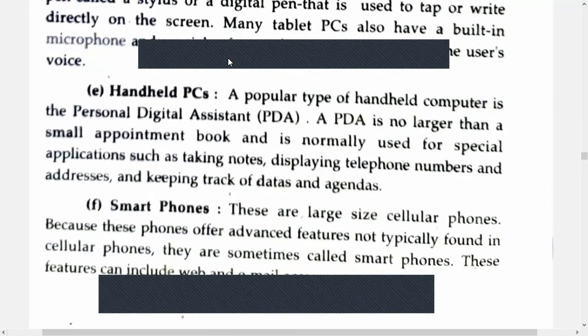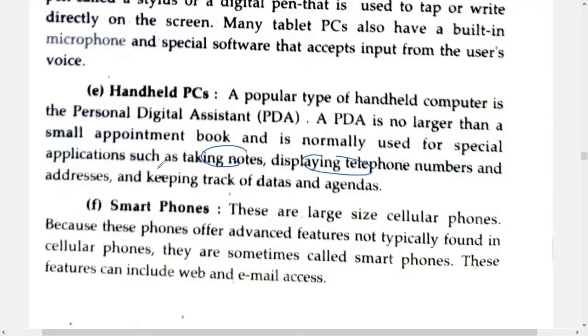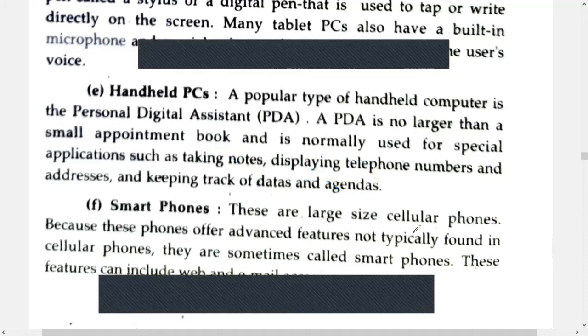Handheld PCs, personal digital assistants, are no larger than a small appointment book and are normally used for special purposes such as taking notes, displaying telephone numbers and addresses, keeping track of data and agendas as digital books. Smartphones are cellular phones that offer advanced features not typically found in a cellular phone.